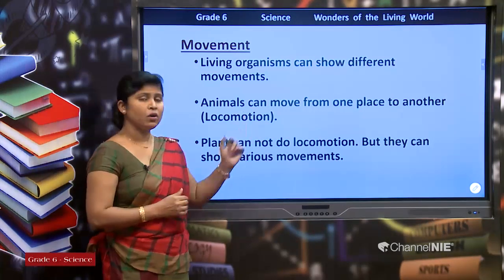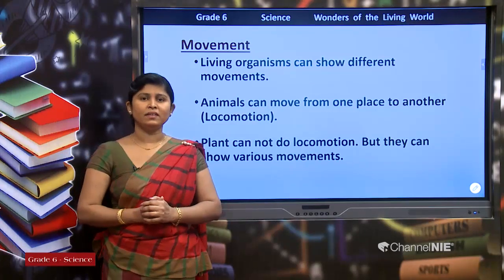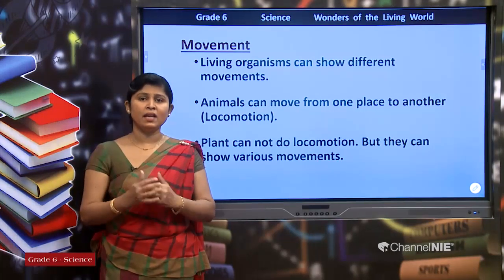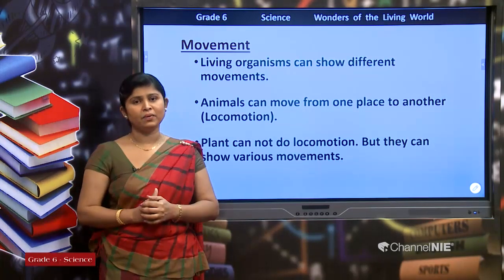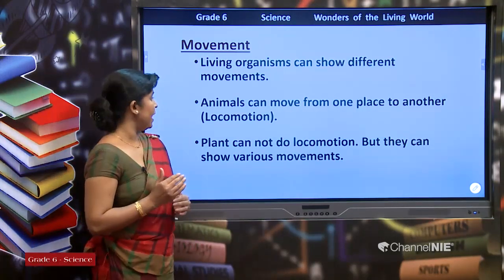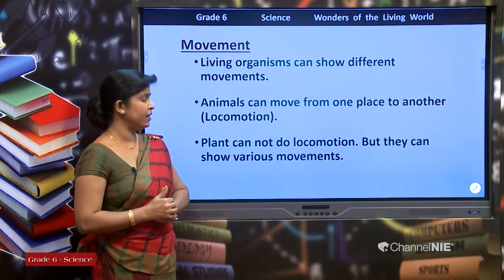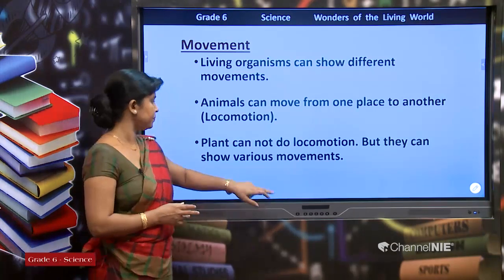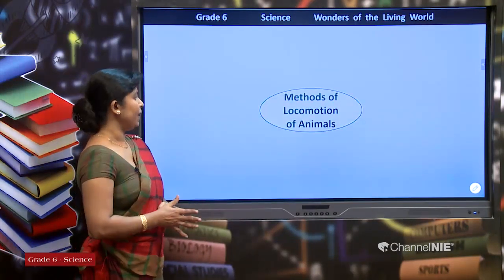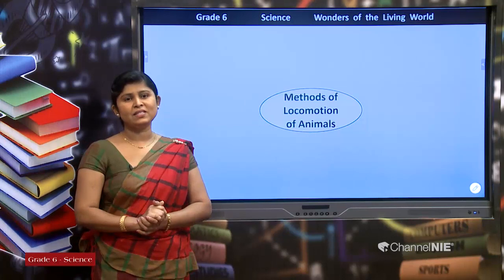I think the word locomotion is very important. As I said you earlier, there are many new words in this lesson, you have to take them down. Locomotion means the animals can move from one place to another. That process is called as the locomotion. Right, we will see about the methods of locomotion.